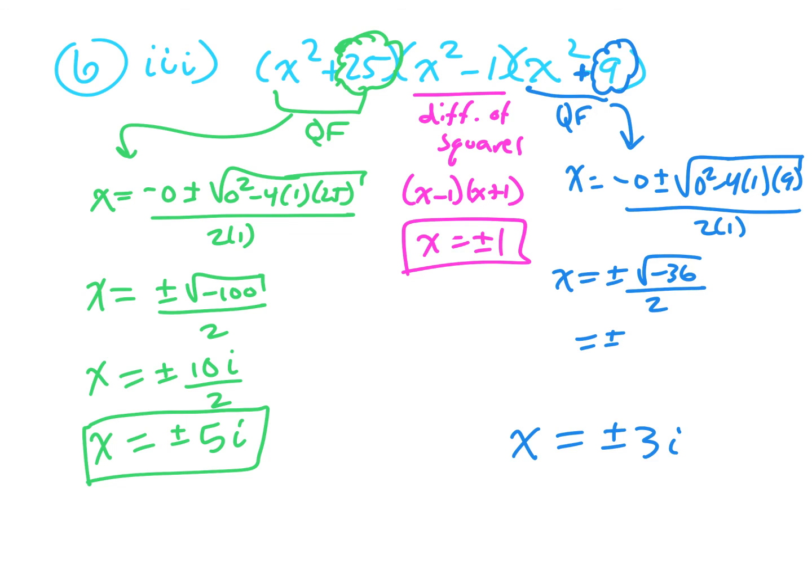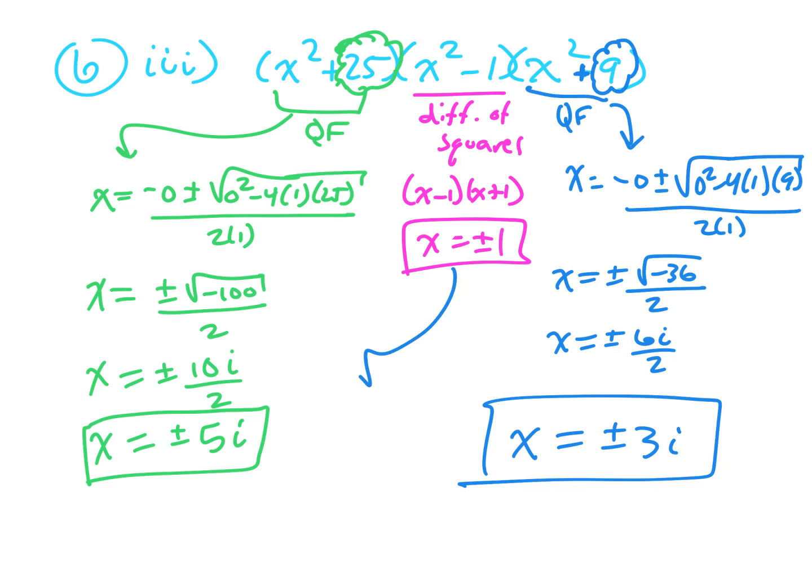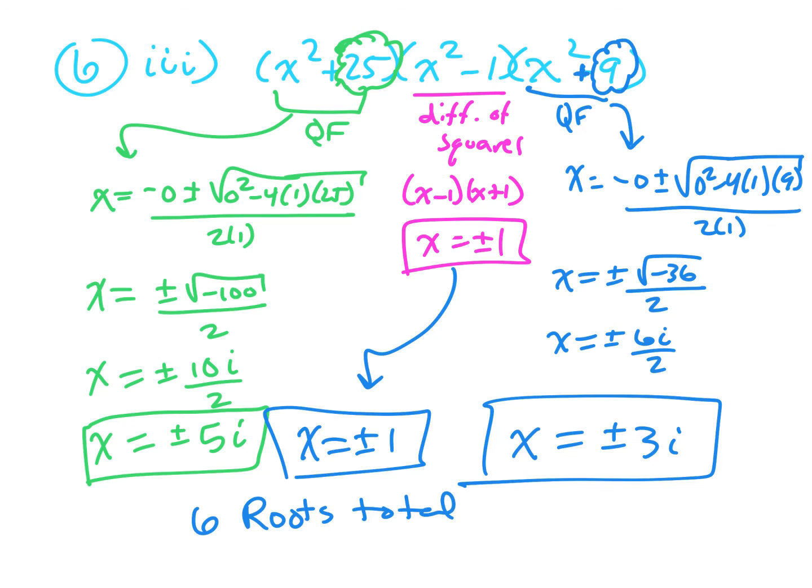So then I get plus or minus 6i over 2, which is this. Okay, so bring this down. X equals plus or minus 1. So I have 6 roots total. I have 2 real, and then I have 4 complex.